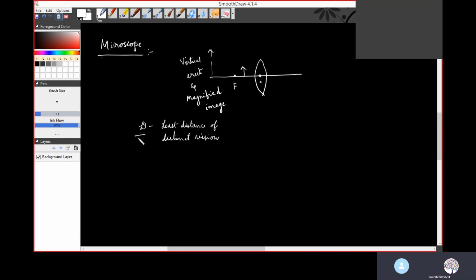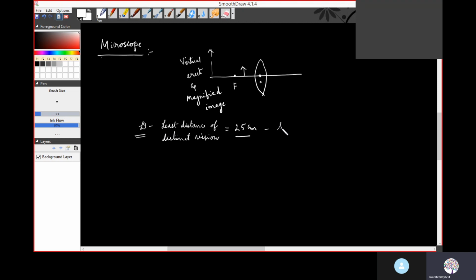Actually it is 25 centimeters. So if you bring an object closer than that, less than 25 centimeters, you can't see it clearly. Here we can see it clearly at 25 centimeters.